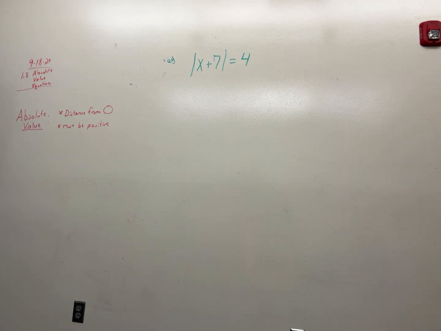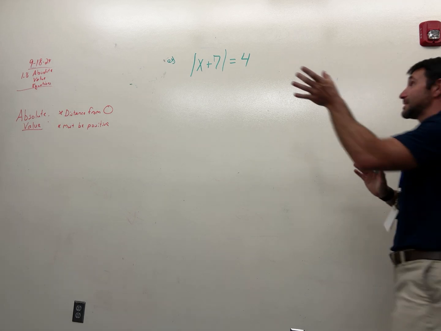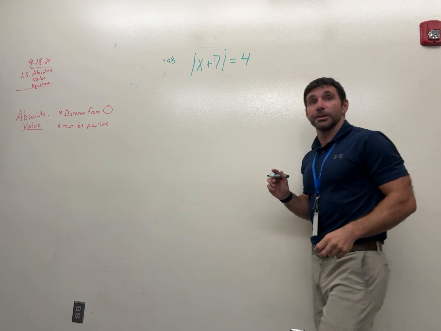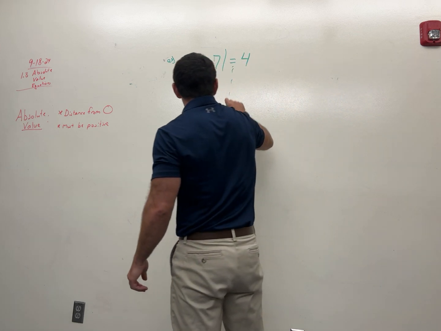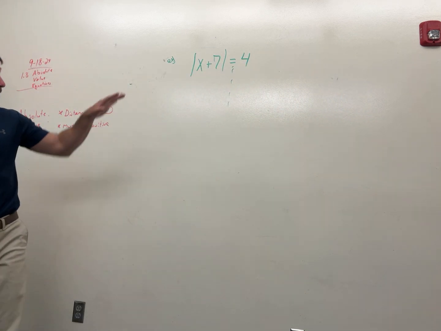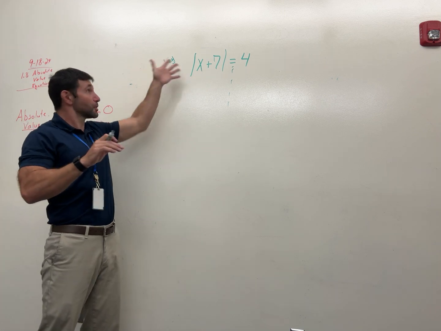This says the absolute value of x plus 7 equals 4. When we do absolute values, the first thing we need to check is, is the absolute value isolated on the left-hand side, which means is the absolute value by itself? Is there any other numbers or anything else?